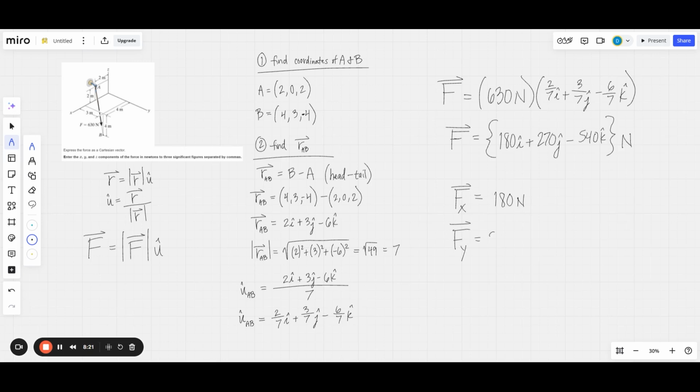Fy is 270 newtons. And Fz is negative 540 newtons. Just pay attention to the question, it just wants you to write it a certain way. This is how the question wants you to write it. And that's it. That's the answer.